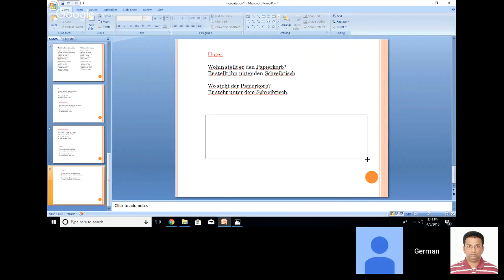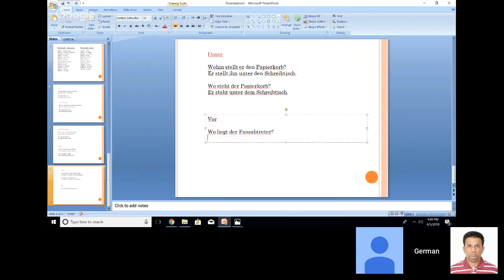The next Wechsel preposition is vor, or in front of. Vor is used for in front of. Now, the dative question that we would be asking is wo liegt der Fußabtreter?